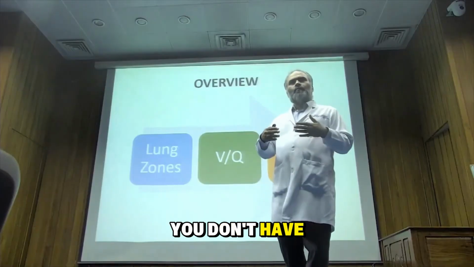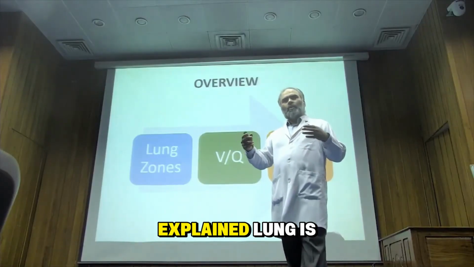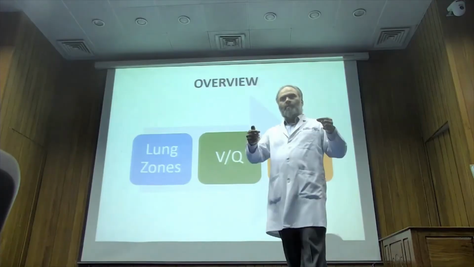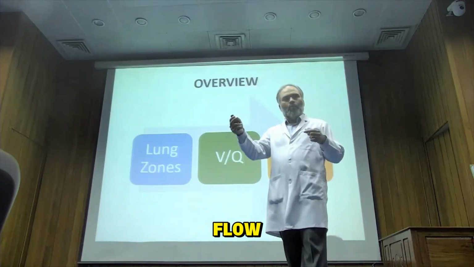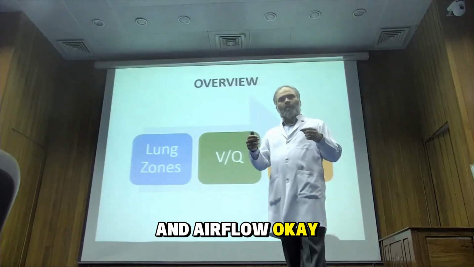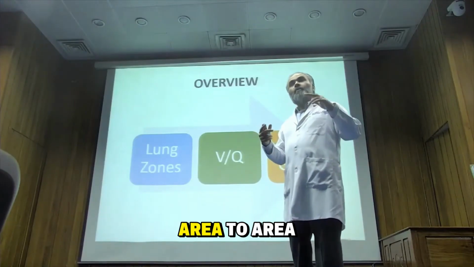So as I explained yesterday, the lung is not a homogeneous organ when it comes to blood flow and airflow. It differs from area to area.